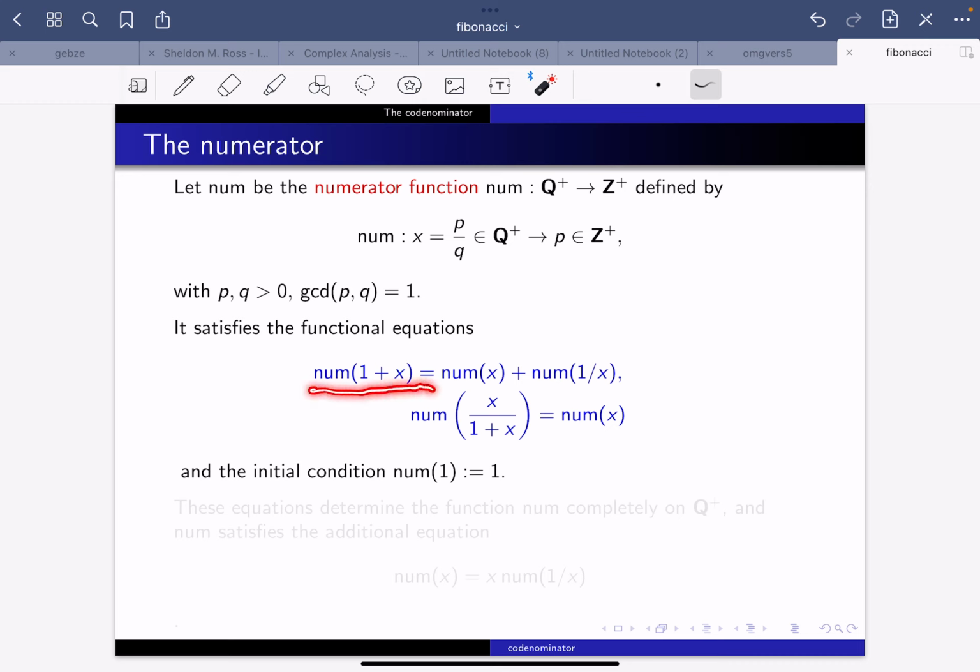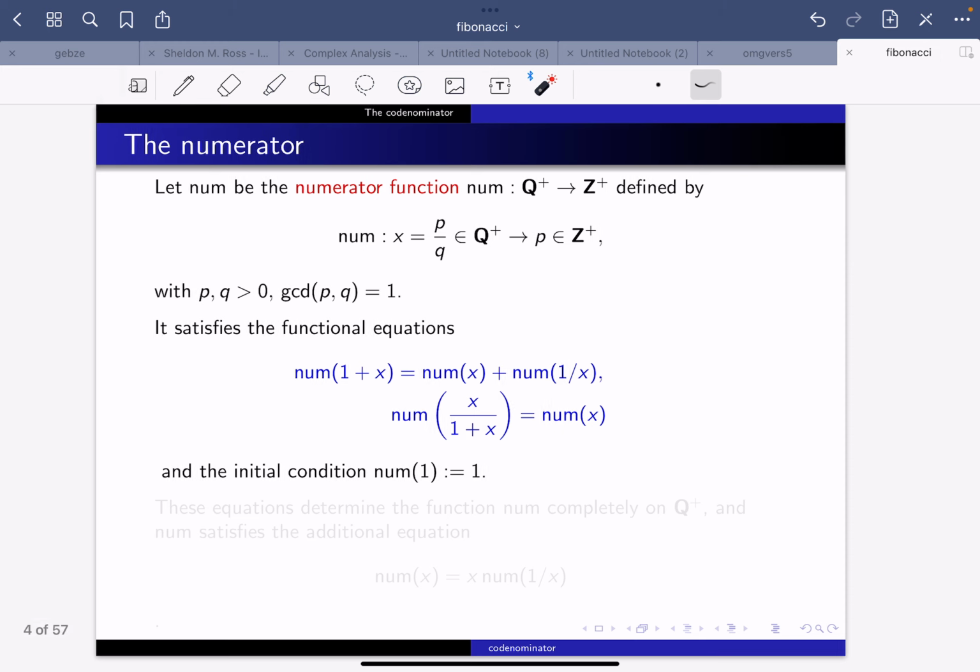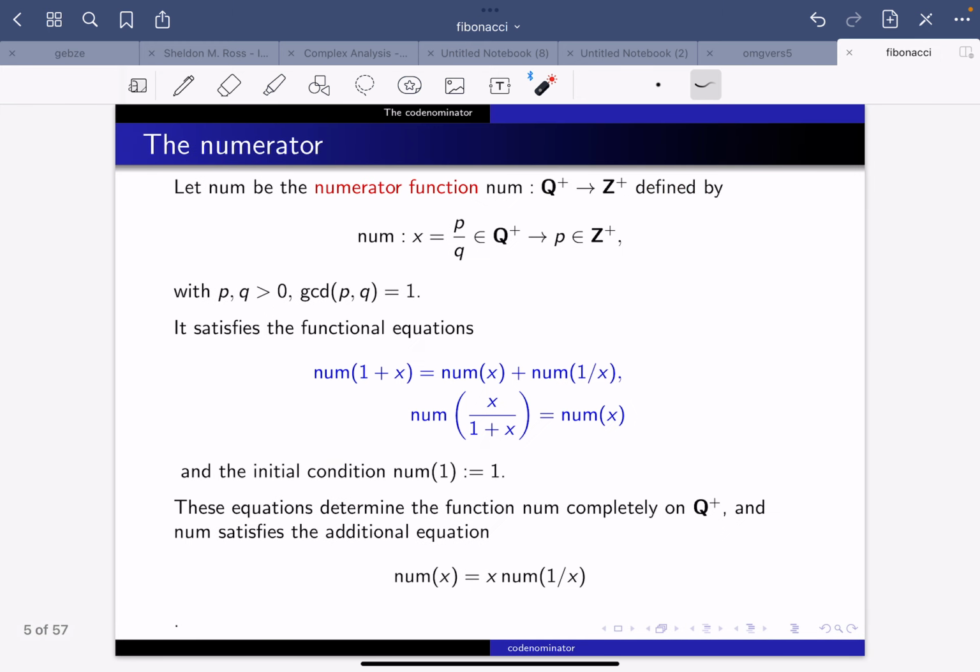Numerator of 1 plus x equals numerator of x plus numerator of 1 over x. And numerator of x over 1 plus x equals numerator of x. Notice that this is just, in fact, the denominator of x. In fact, these equations determine the function numerator completely on the set of positive rationals.